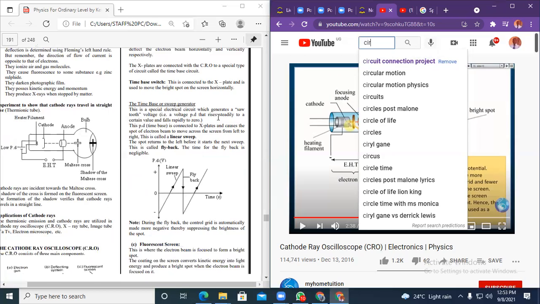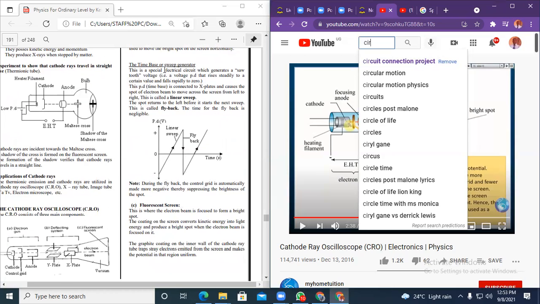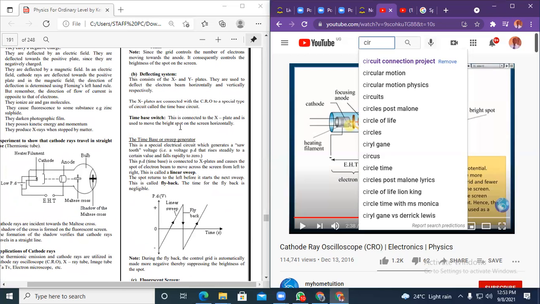Now, the time base has what we call the linear sweep or the flyback. To move the bright spot on the screen horizontally.